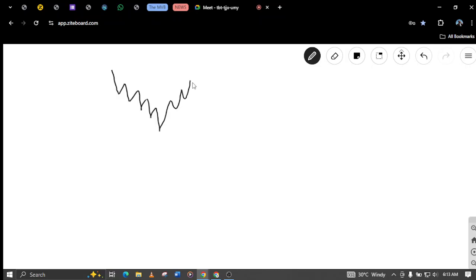The market is trying to create something like this, and then when it performs the transition, trying to go and perform a break here, then we have a minor break, but yet to have a major break.